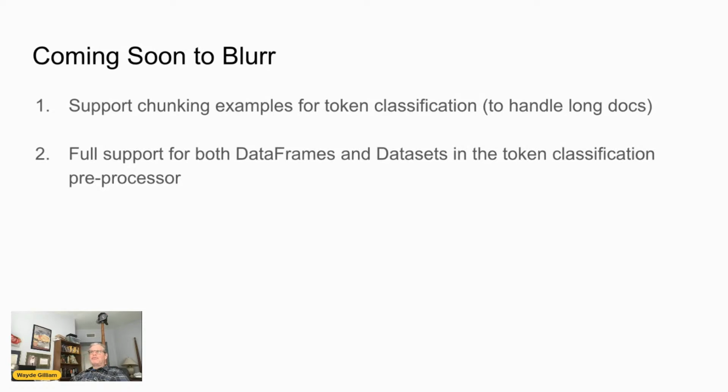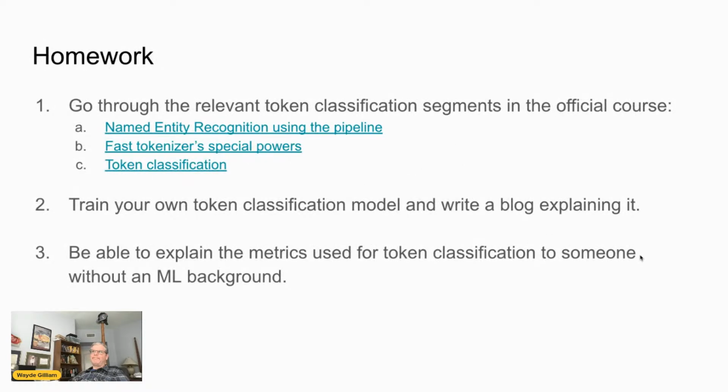Right now, the data frames pre-processing is good to go. And datasets is something I haven't really spent much time with, but that's going to be coming soon as well. So just be aware if things don't work right, look at GitHub and see if there's actually support. If you want to contribute, that's even better. It's less work for me to do, and I would appreciate it. So just keep in mind that those things are coming eventually.